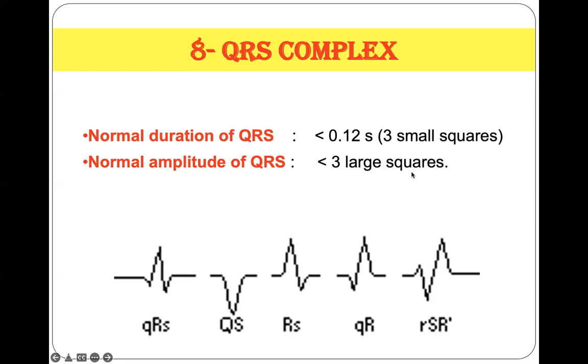As we have mentioned before, 1 large square equals 0.5 millivolt, so it should be less than 1.5 millivolt. So the normal QRS complex, the key here is 3. Its duration or width less than 3 small squares, and its amplitude or height less than 3 large squares.